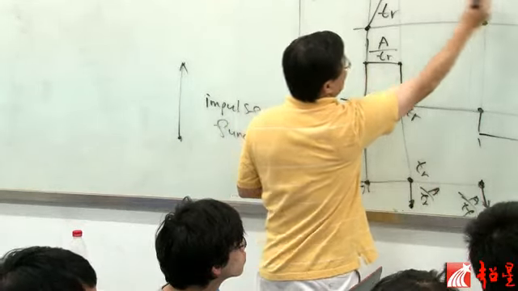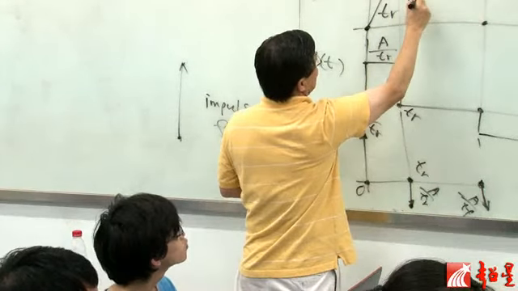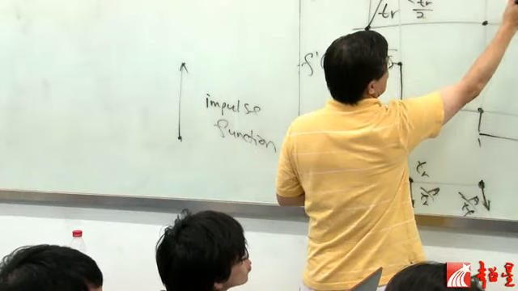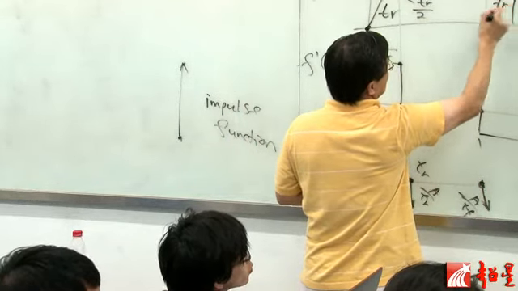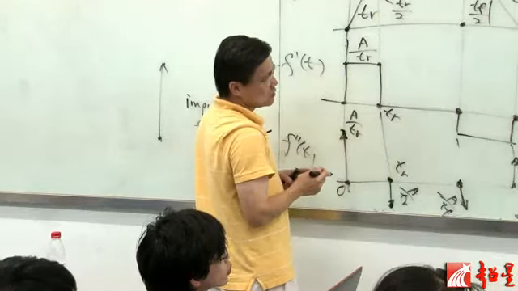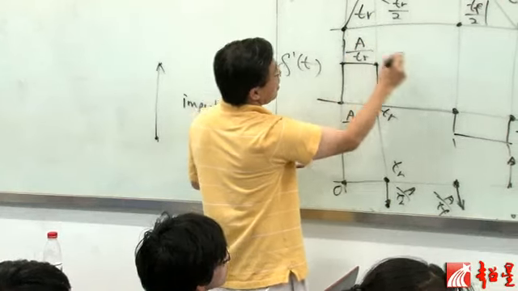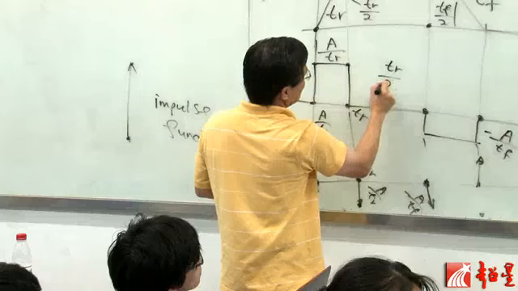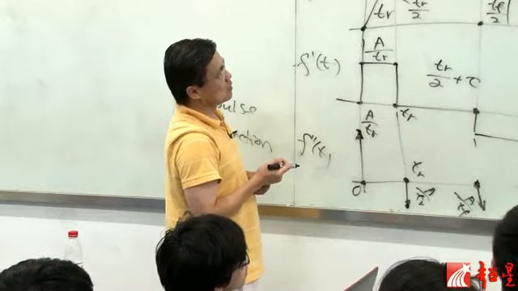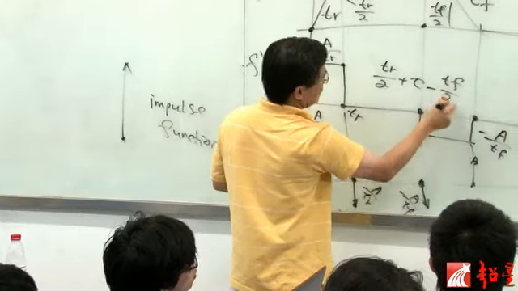You can see this is tau here, and this is half of t sub r, and this is half of t sub f. So this time instant is t sub r over 2 plus tau minus t sub f over 2.